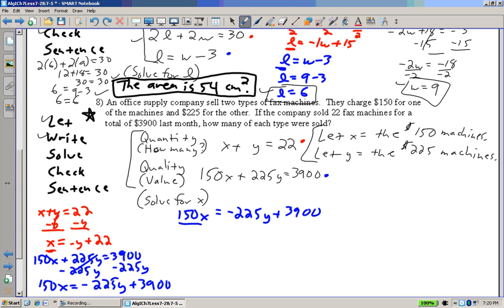Just bringing this up, and let's divide by 150. Okay, so X is by itself here as well. A little bit more involved, but we've gotten through it.